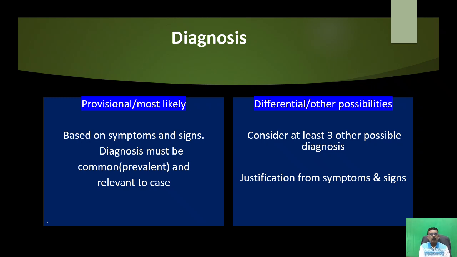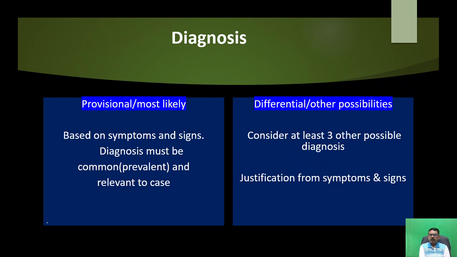The diagnosis must be common or prevalent in our country. There's no point diagnosing inflammatory bowel disease in our country, where it is very, very rare. And it must be derived from genuine symptoms from the patient, not manufactured symptoms.